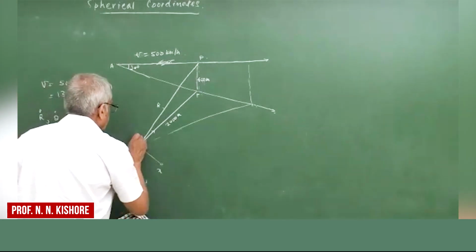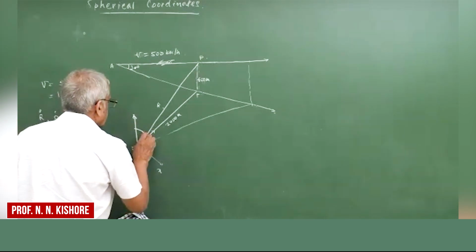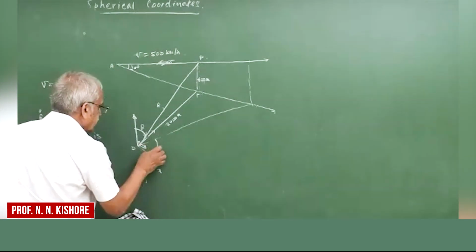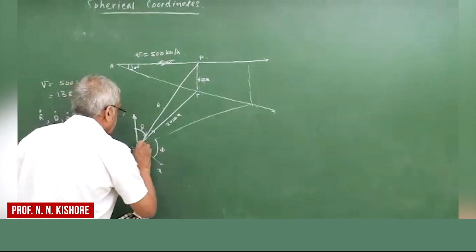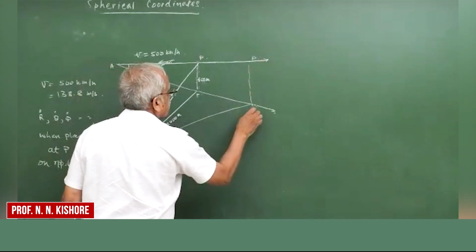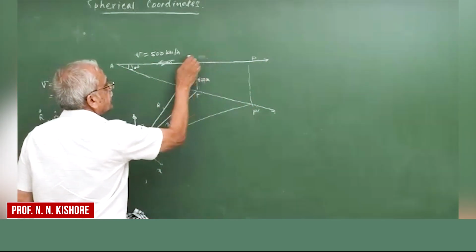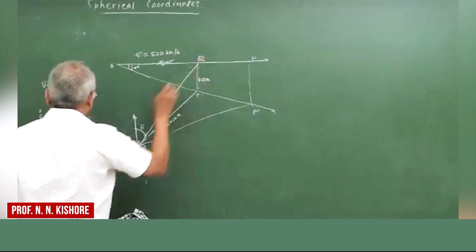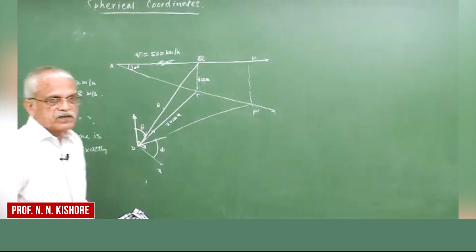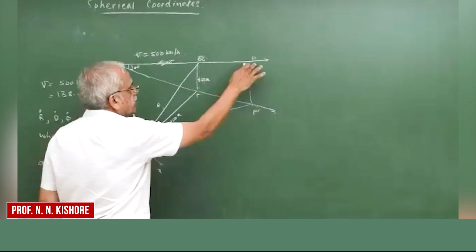Theta is the angle here. This angle is theta, and let me tell you that this is the angle phi. What is angle phi? In general, let me say this is Q, when the plane is at Q. Let me differentiate between P and Q. P is a general point as the plane is moving.